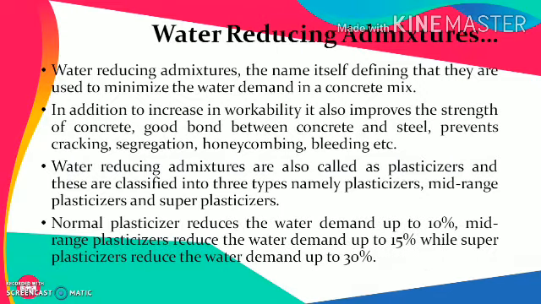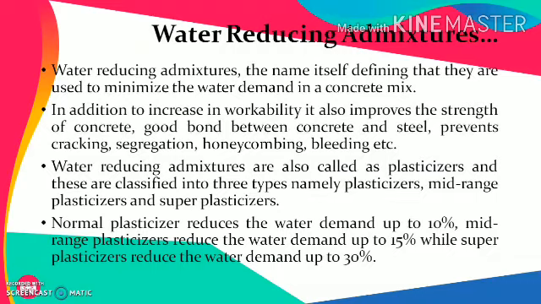The normal plasticizers reduce the water demand by up to 10%, while the mid-range plasticizers reduce the water demand with higher efficiency, like 15%, while superplasticizers reduce the water demand by up to 30%. So it will reduce the amount of water required without affecting the workability.